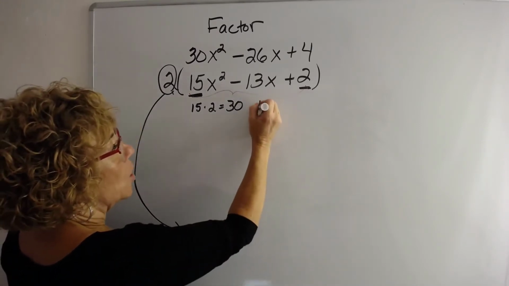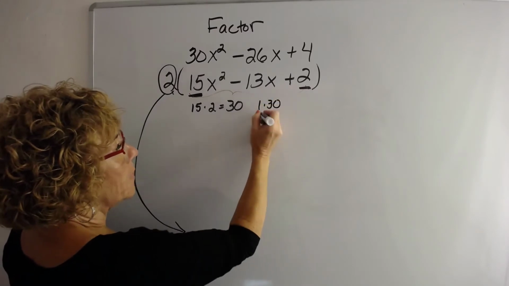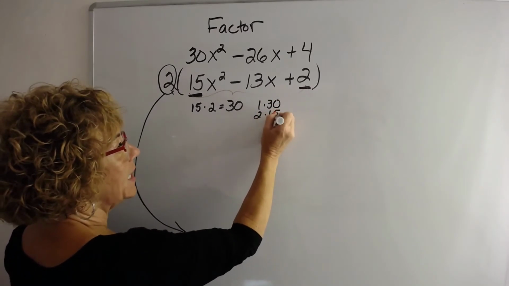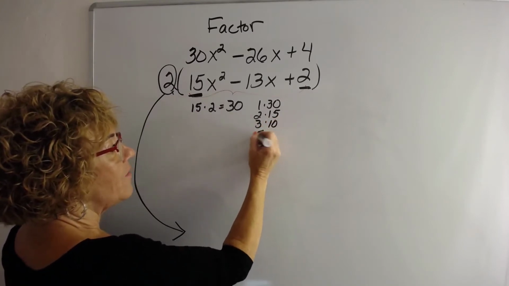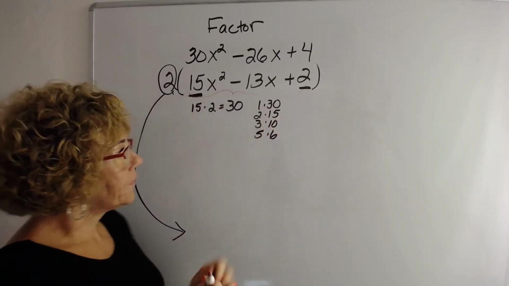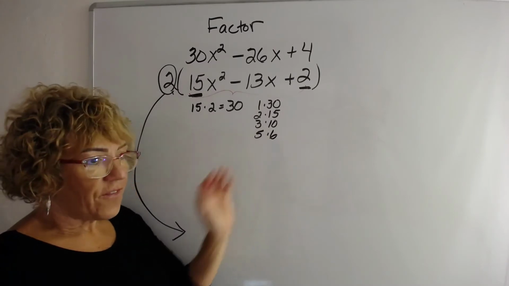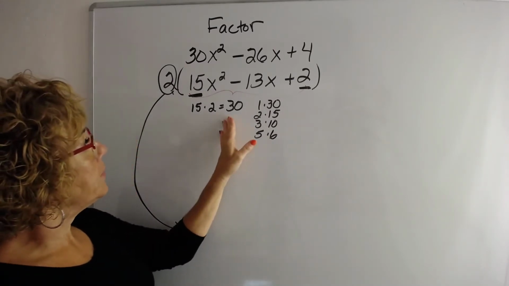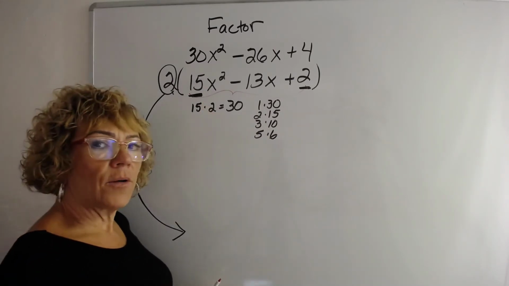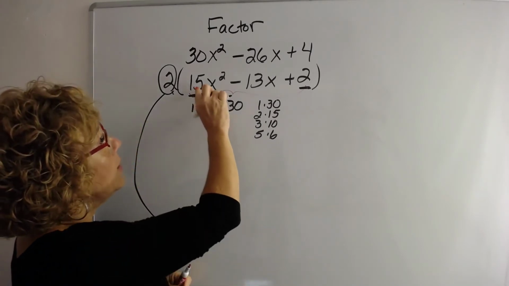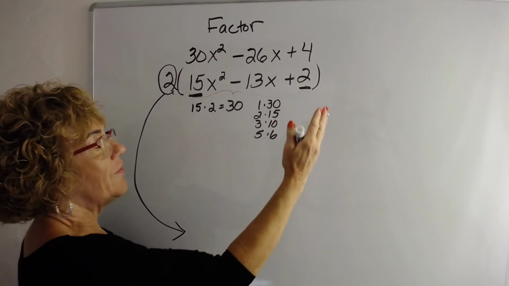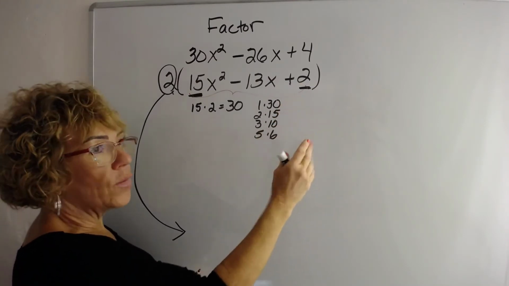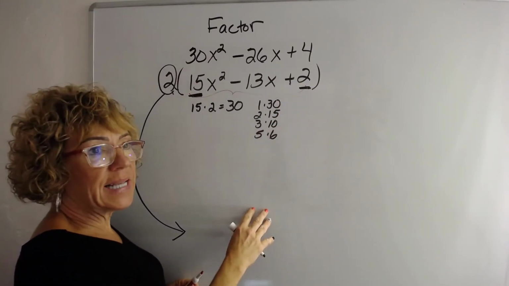And we're going to get 1 times 30, 2 times 15, 3 times 10, and 5 times 6. So we've listed the factors of 30. Keep in mind our signs. When we did 15 times that positive 2, we got positive 30. So we know that the signs are going to be the same.